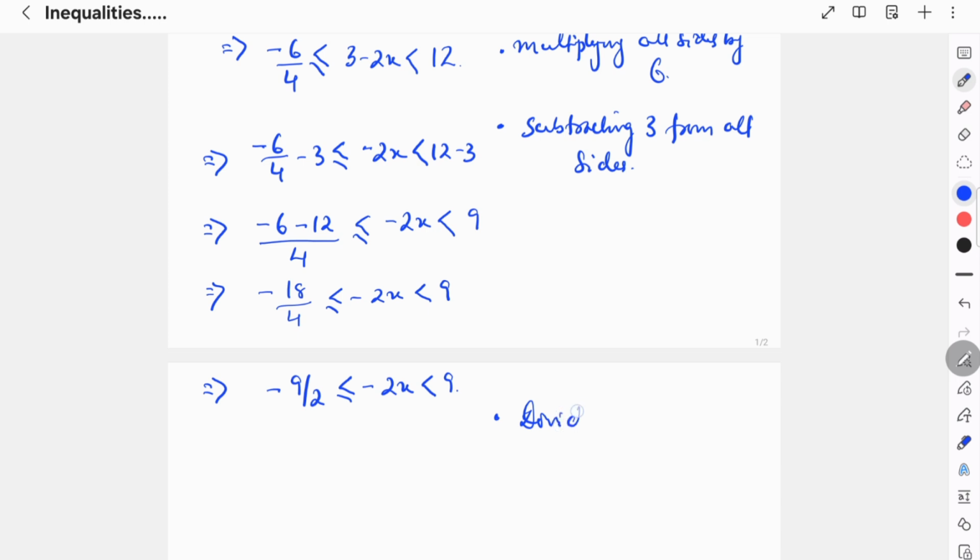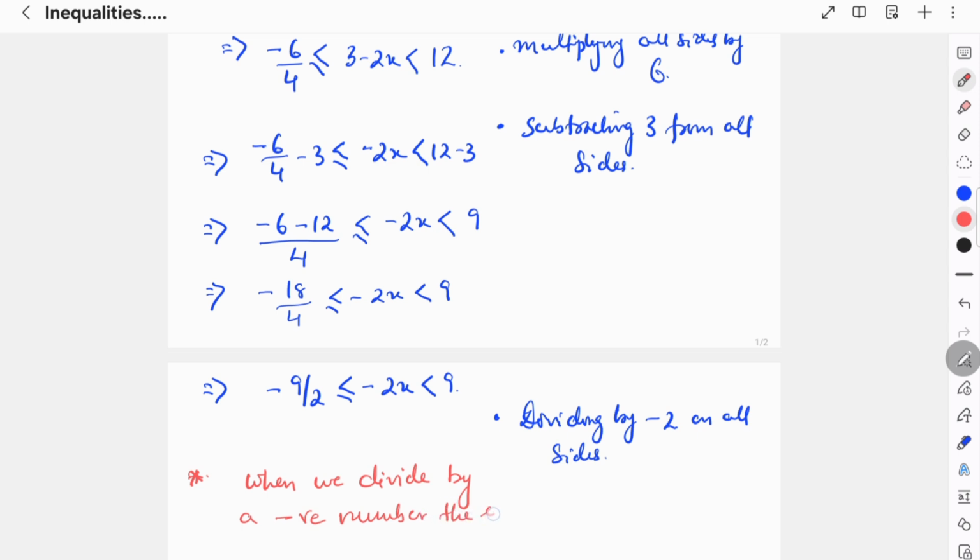So in further solving this we get negative 18 by 4 which is less than or equal to minus 2x which is less than 9. Now again we divide by negative 2 on all sides. So we get negative 9 by 2 divided by negative 2, negative 2x divided by negative 2 and 9 divided by negative 2.